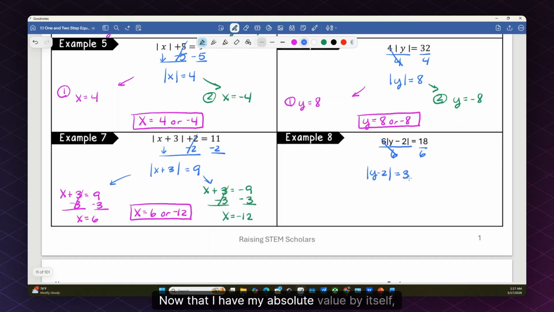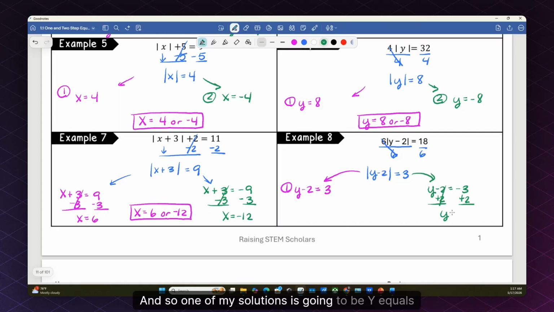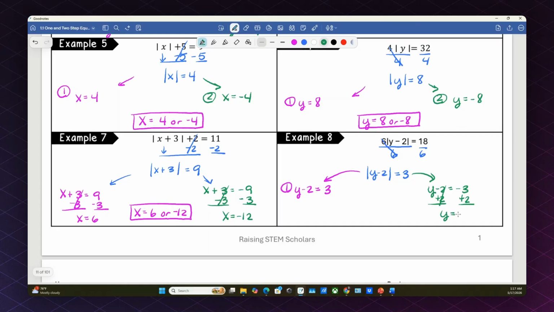Now that I have my absolute value by itself, I can break it up into two equations. Equation number 1 is y minus 2 equals positive 3. And the negative version is y minus 2 equals negative 3. I can add 2 and add 2, and one of my solutions is y equals negative 1.